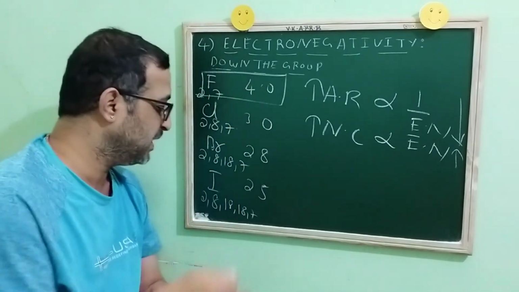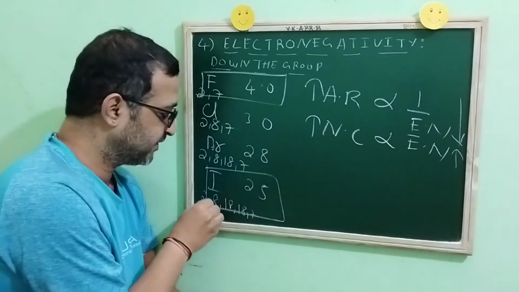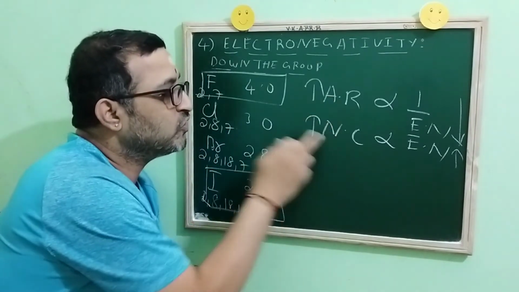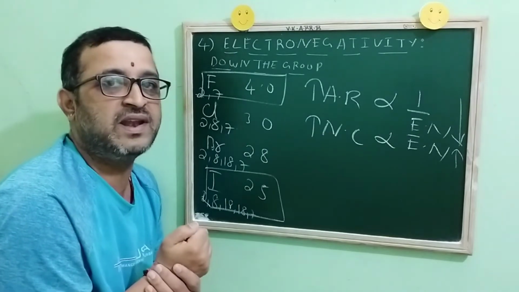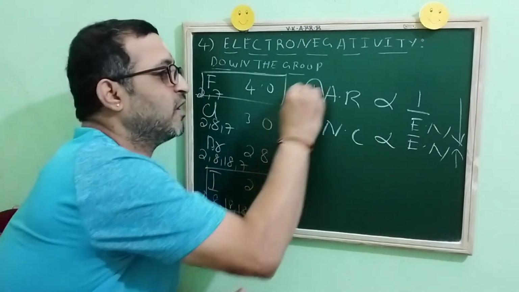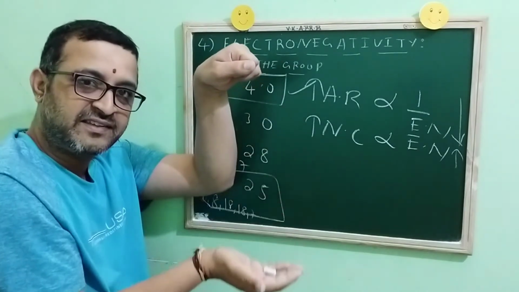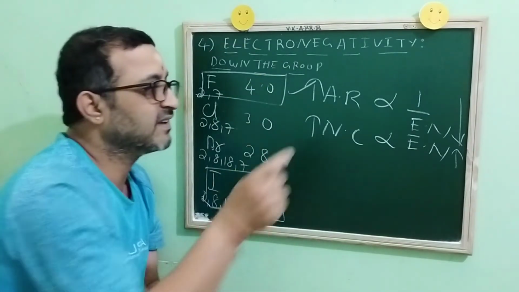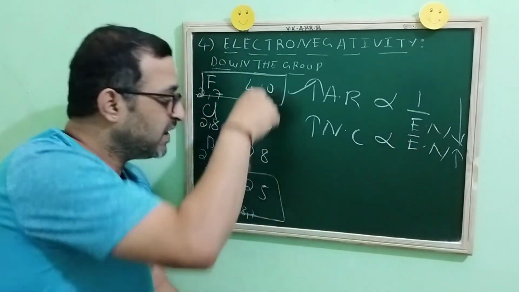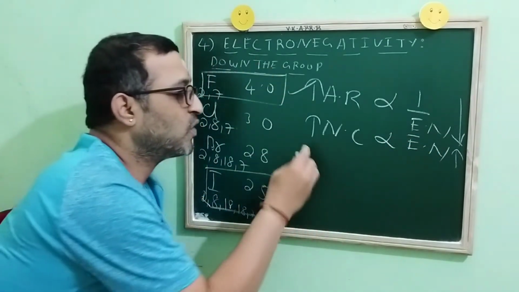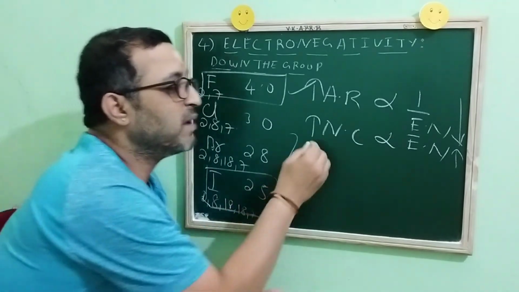The one with the minimum electronegativity is iodine. Now, out of these two concepts, which one is correct? Yes, obviously this one. That is, as the atomic radius increases, the electronegativity values are going to what, children? Decrease.